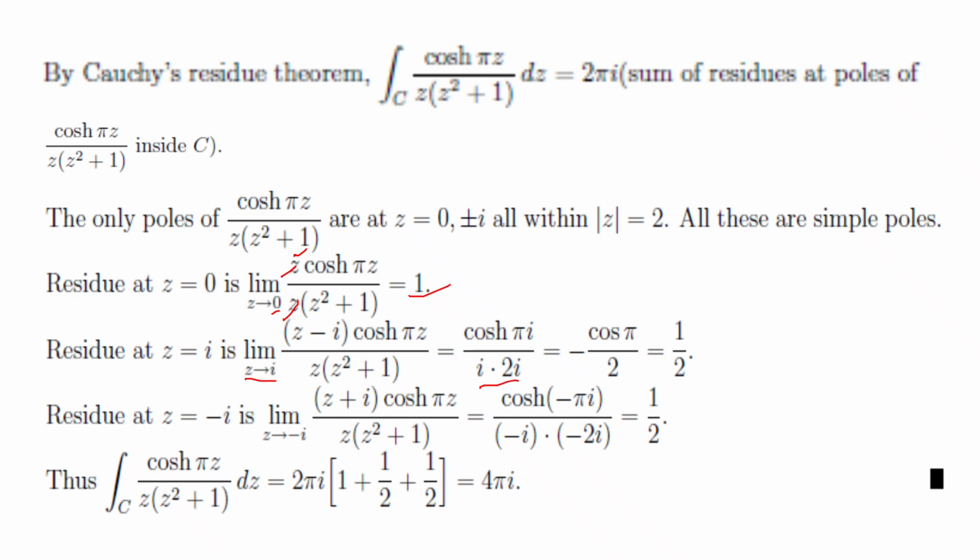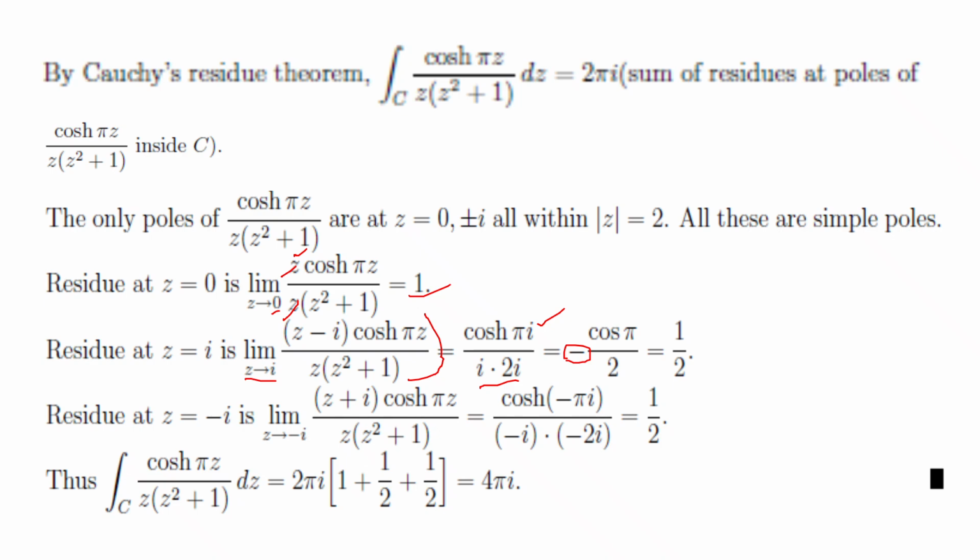So we get this term, which is cosh(πi) upon i into 2i. So in short, we didn't directly put the value z = i. First we multiplied with z plus i in numerator and denominator, and after simplification we put the value of z as i.